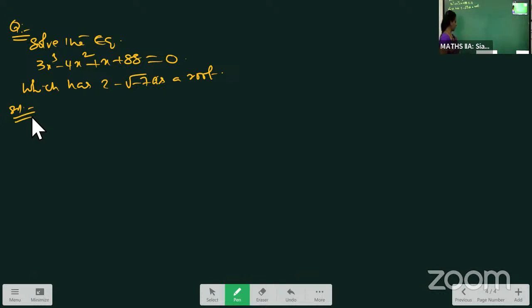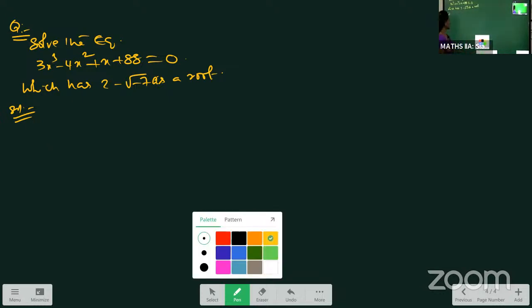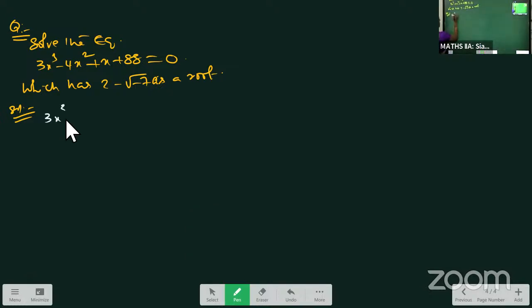Same procedure as the previous question. 3x cube minus 4x square plus x plus 88 is equal to 0 is the given question to us. Here, one root alpha is equal to 2 minus under root minus 7.